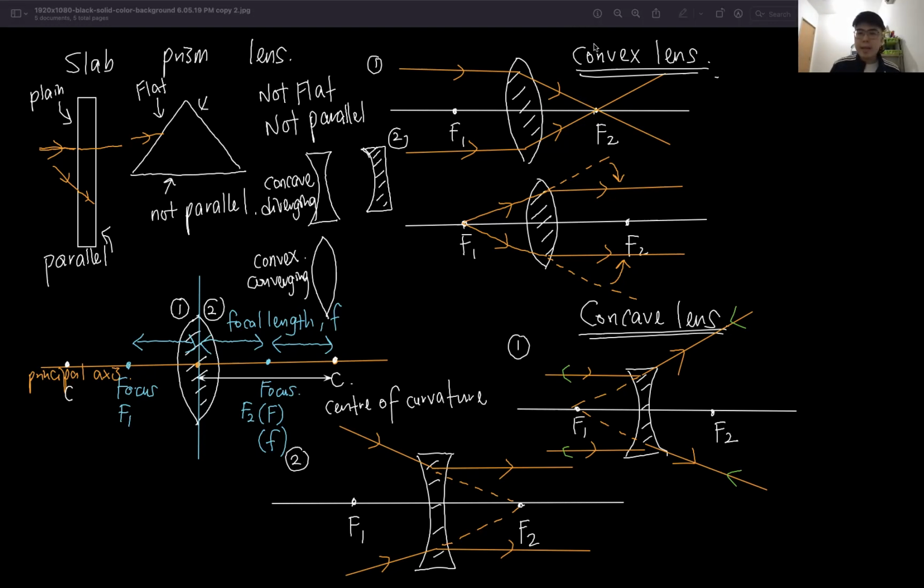The next one is sketching. How do you draw a ray diagram? Now, let me erase this. Okay, let's do one example. We start with a convex lens.